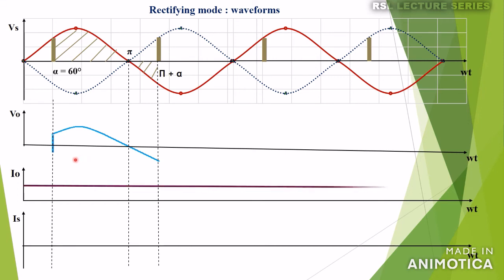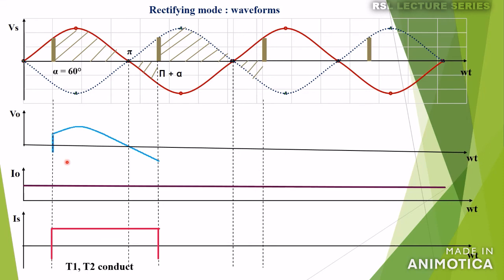Load current remains positive. The supply current is also considered as positive. So these are the waveforms which we have already discussed, for the rectification mode.